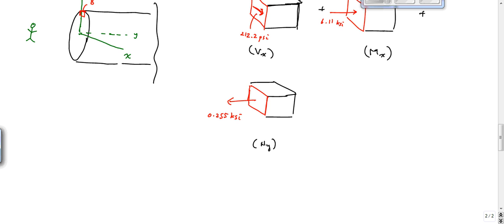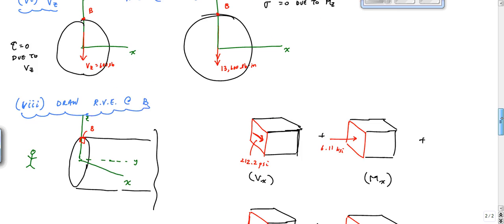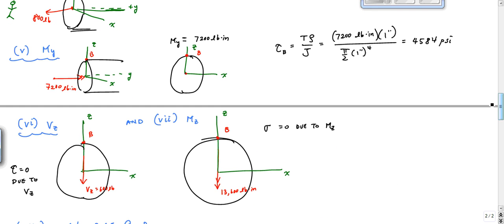Then, and last but not least, the moment about Y, like this, right here. And that moment about Y, just because it was close, is going which way? We have the torsion here, meaning that the torque is going like this.